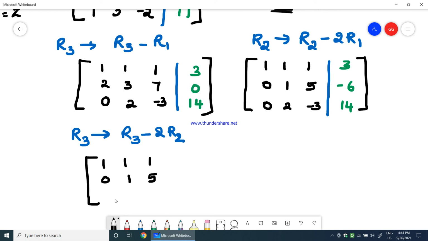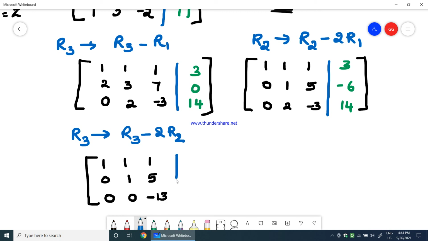Now R3 minus 2 times R1, so 0 minus 2 into 0 is 0, this will remain as 0. Now 2 minus 2 into 1 is 2, so this becomes 0. Minus 3 minus 10, which is minus 13, this becomes minus 13.